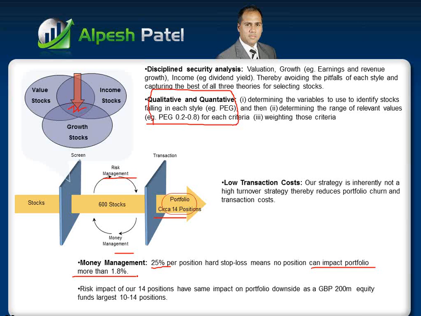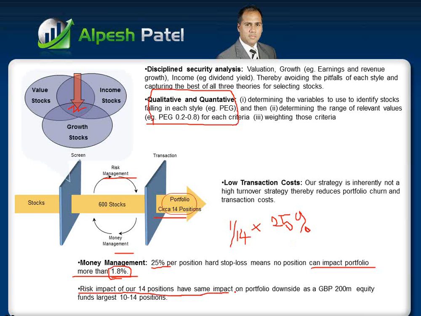That being the case, we can equally buy all 14 of the best of the best of the best. And if any one of those in that holding, and that's why we only lose 1.8% because 1/14 times 25% is about 1.8%. Yeah? So your stop loss on any one is 1.8%.